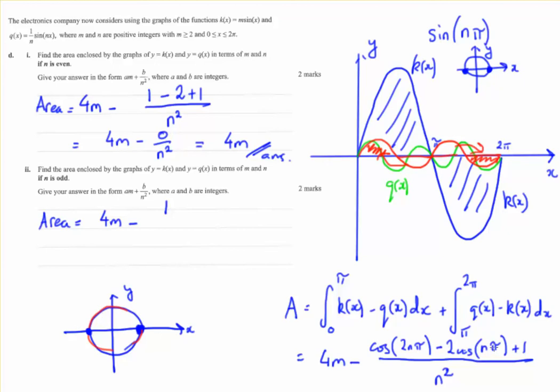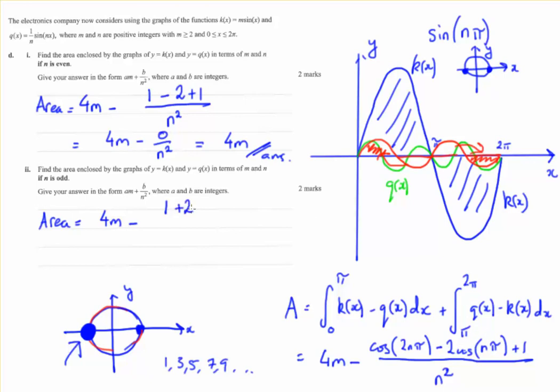Well, let's look explicitly for the odd values. So our odd values are 1, 3, 5, 7, 9, so on. Well, 1 lot of pi gets us here. 2 lots of pi, 3 lots of pi, 4 lots of pi, 5 lots of pi, 6 lots of pi, 7 lots of pi. Aha, we've noticed something. So this is guaranteed to be -1.